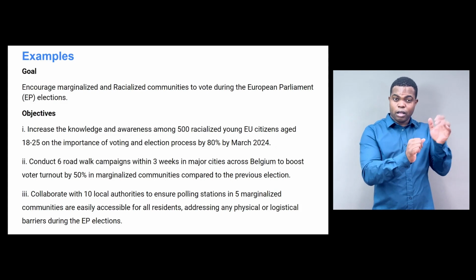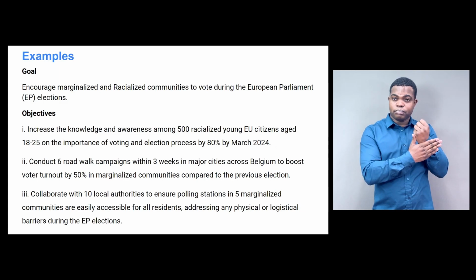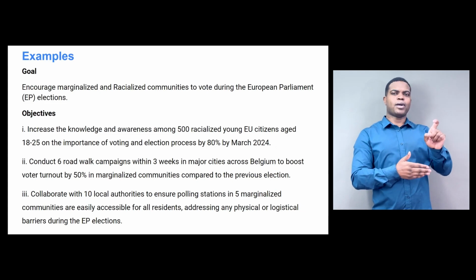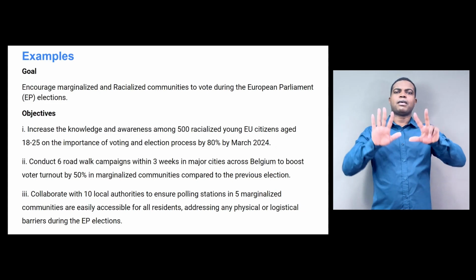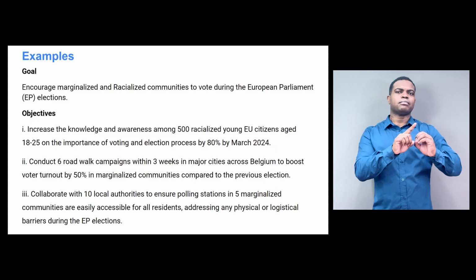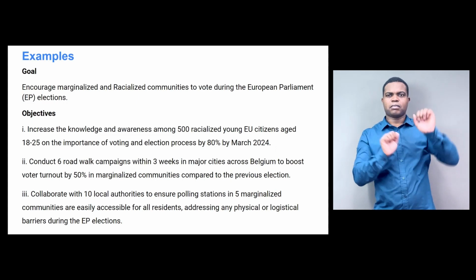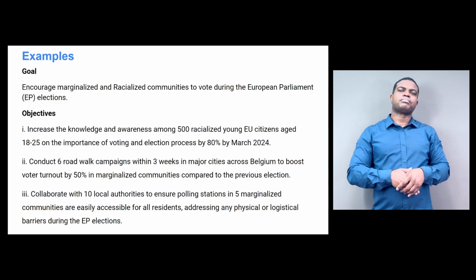Okay? Then is it measurable? Measurable. You can see the indicator here. Your objective is to increase the knowledge and awareness by 80%. So this is an indicator. That means it is measurable.